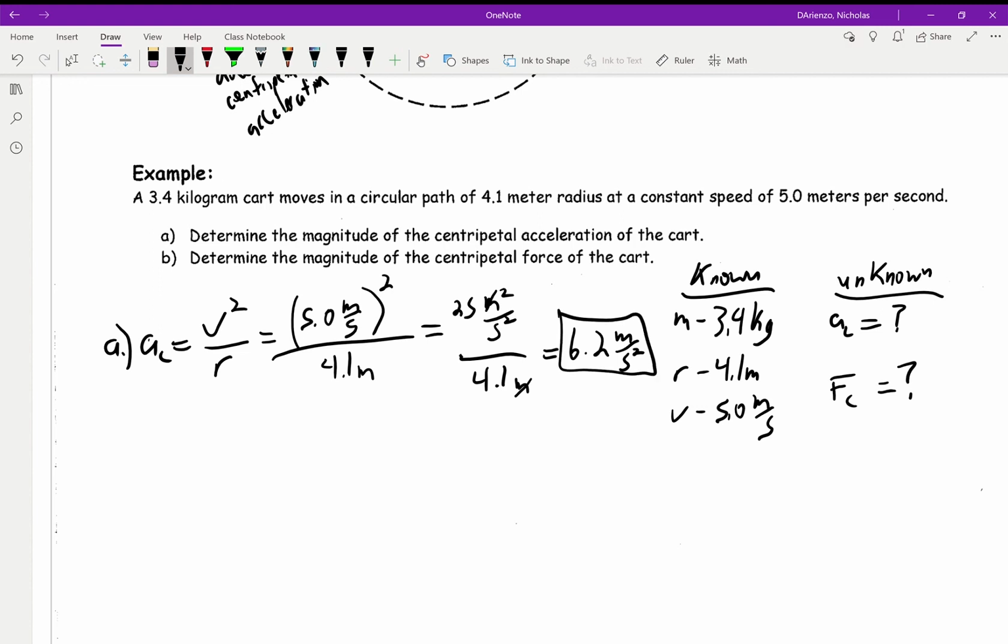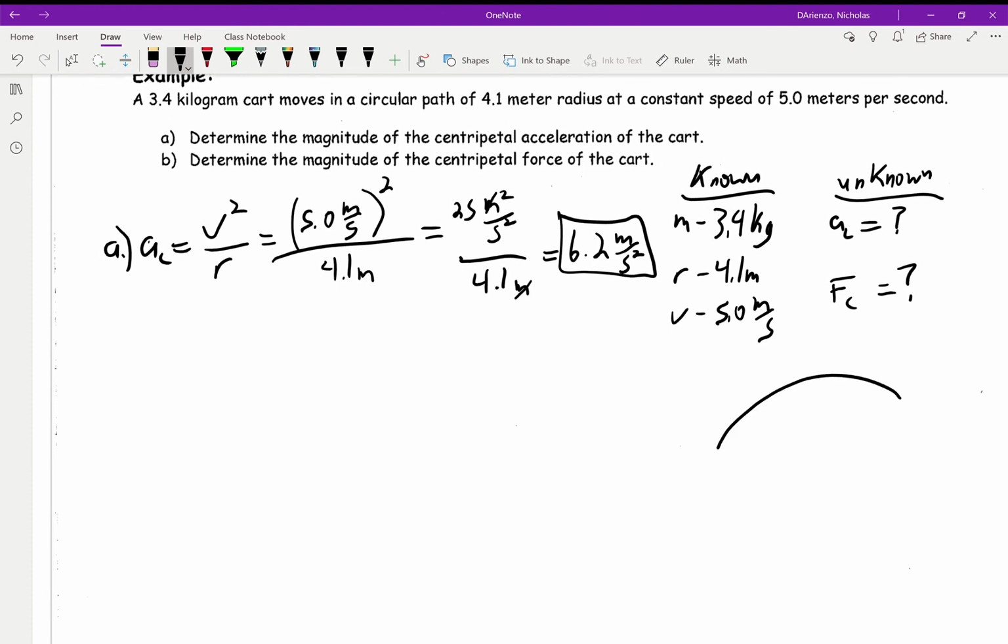So this object, if we think of this cart traveling on a path here, it is experiencing a centripetal acceleration of 6.2 meters per second squared as this cart moves around the circle.